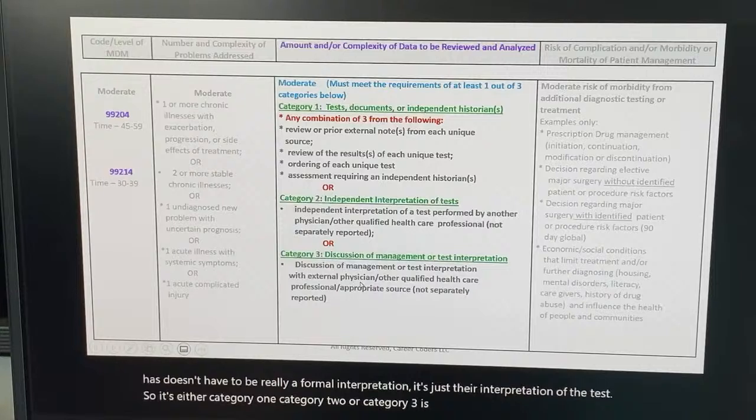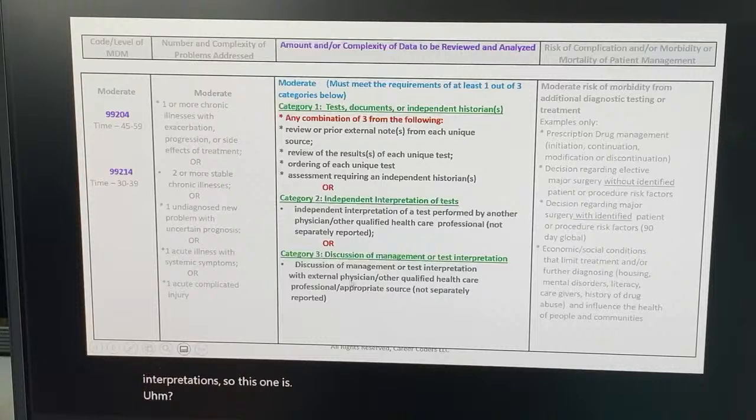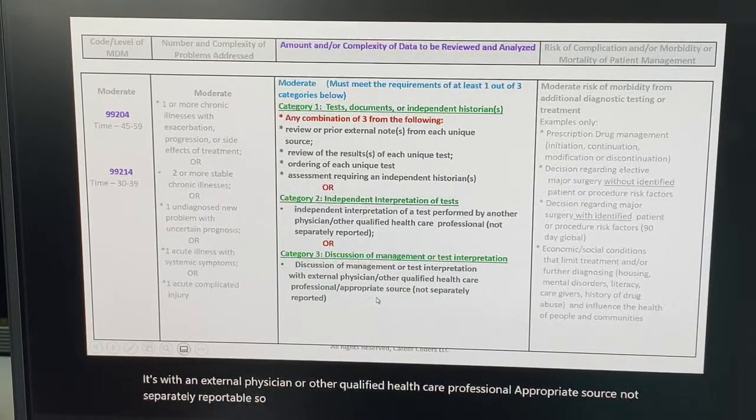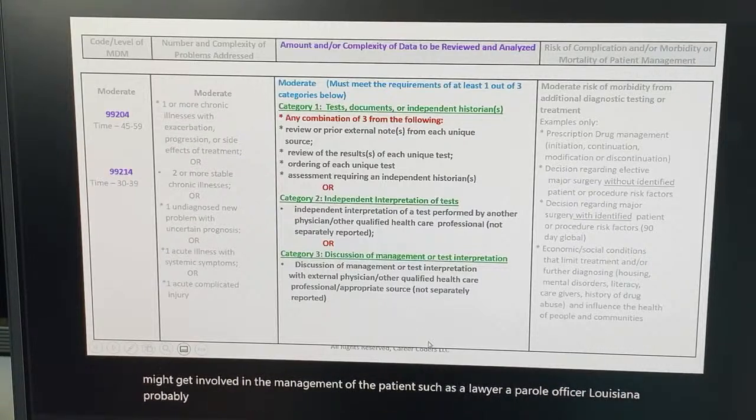For management of test interpretations, this one is with an external physician or other qualified healthcare professional, appropriate source, not separately reported. So these are not healthcare professionals, but they might get involved in the management of the patient, such as a lawyer or parole officer. We're using probably more and more parole officers.